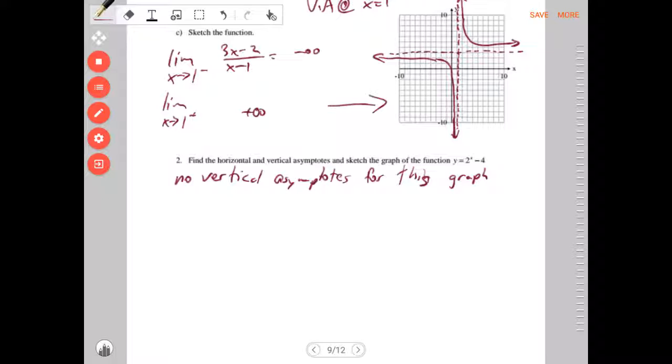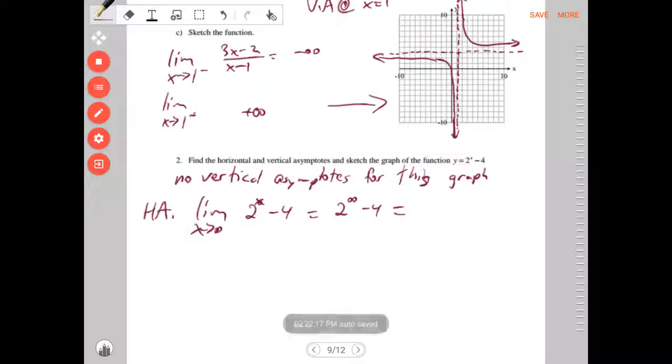Now what about the horizontal asymptotes? That is the limit as x approaches infinity. Well, that's going to be 2 to the x minus 4. So that's 2 to the infinity minus 4, which is infinity minus 4, which is just infinity. So that really doesn't help. Well, let's try the other one. What about as x approaches negative infinity of 2 to the x minus 4?